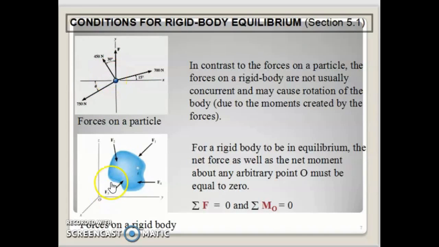But for a rigid body, you need to consider a moment because there is a line of action from any arbitrary fixed position to the force. That combination of line of action and force will cause the rigid body to have a tendency to rotate. That's the thing you need to consider when you want to draw your free body diagram.